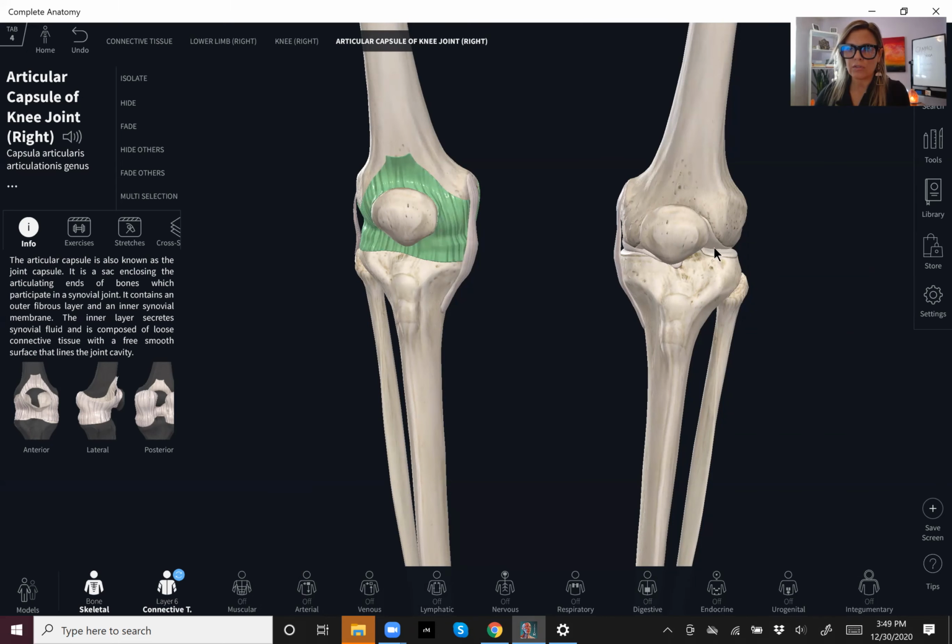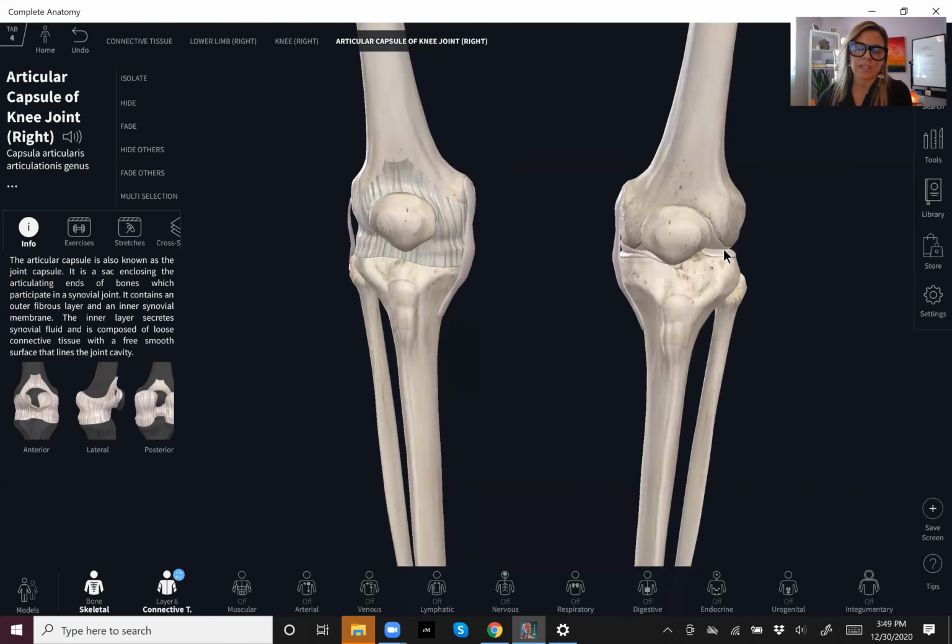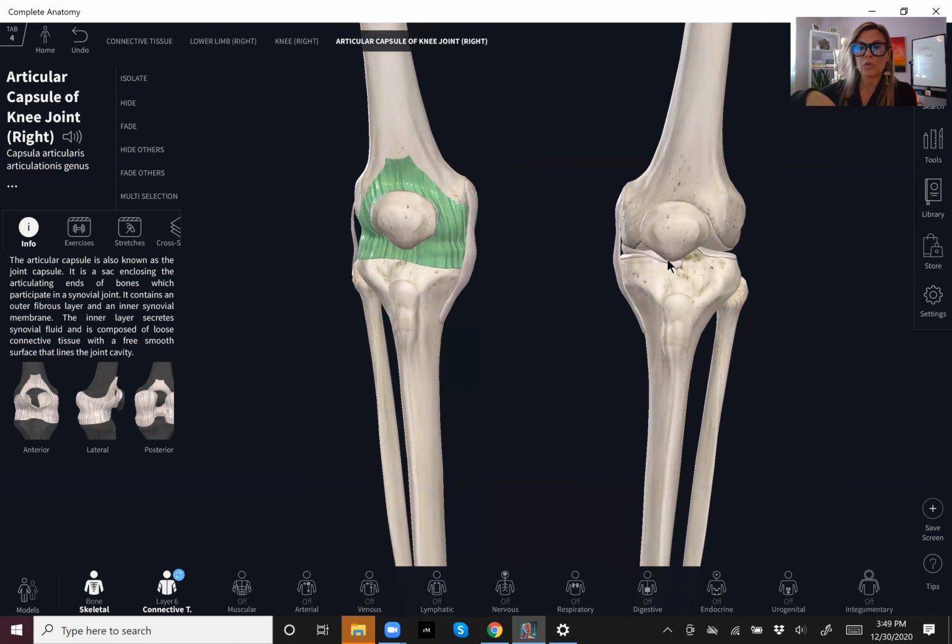So there's a little fluid inside that comes from the synovial membrane, in conjunction with the articular cartilage. And that is what gives us the ability to move our joints very freely and with ease and without a lot of pain.